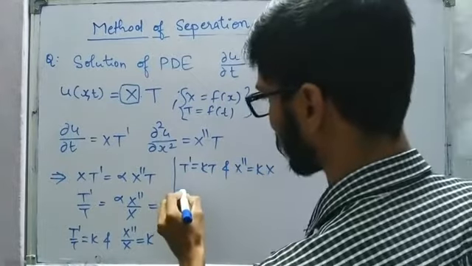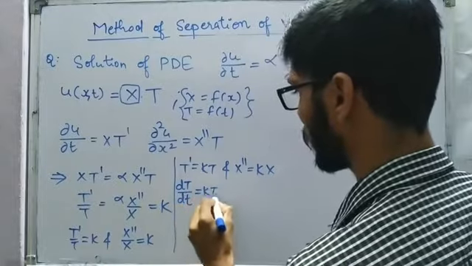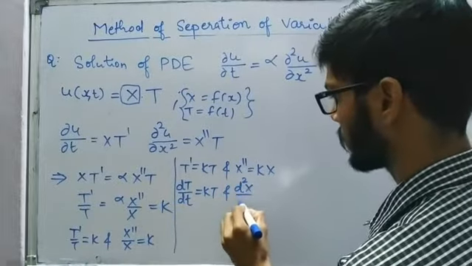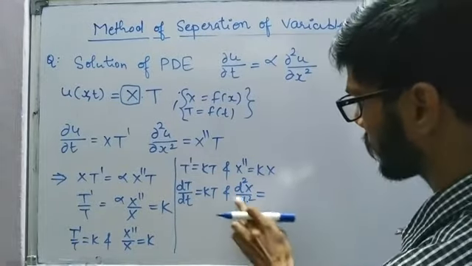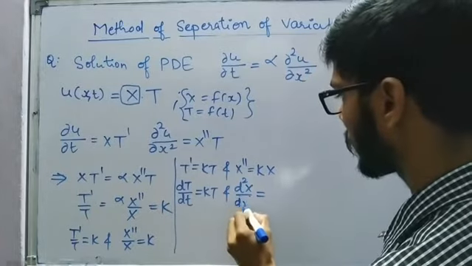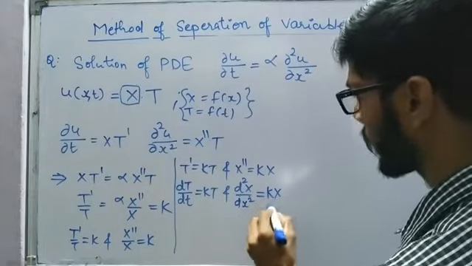T dash is nothing but the differentiation of T with respect to t, equal to kT, and the differentiation of X with respect to x two times, ∂²X/∂x², is equal to k into capital X.